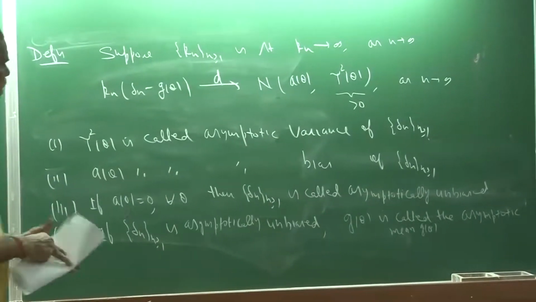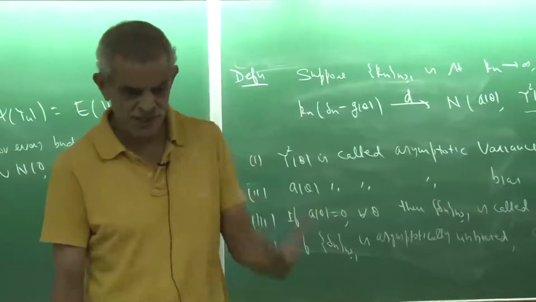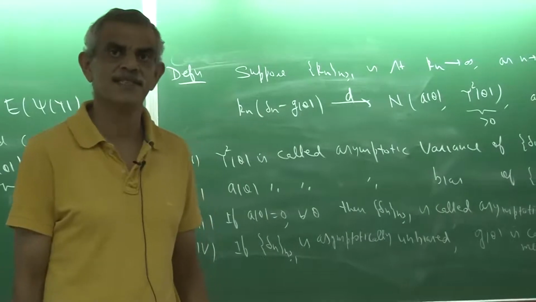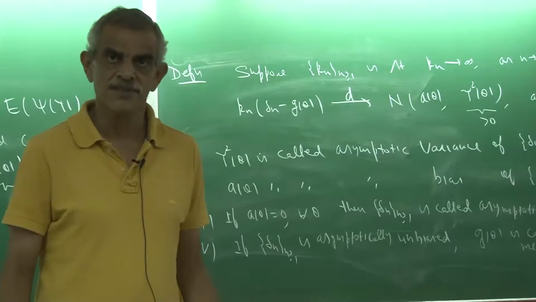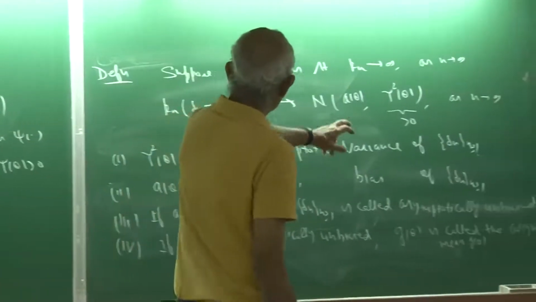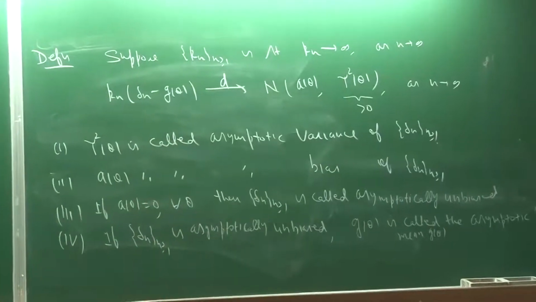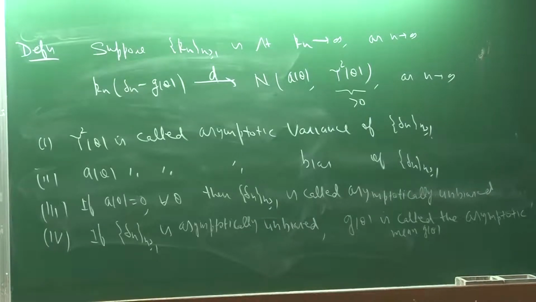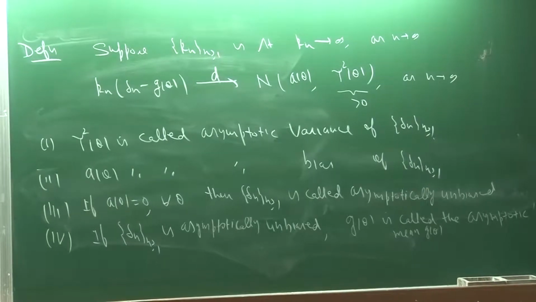Now, the question is, suppose you have moments existing and you also have an asymptotic distribution, is the limiting variance the same as the asymptotic variance? The answer is no. The question which I want to pose is, because if that happens, then the two approaches turn out to be the same, provided the moments exist.